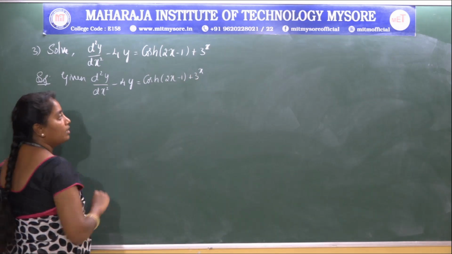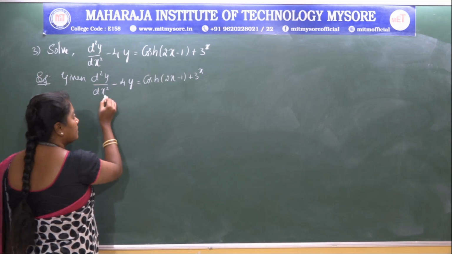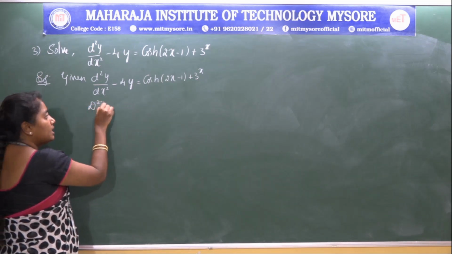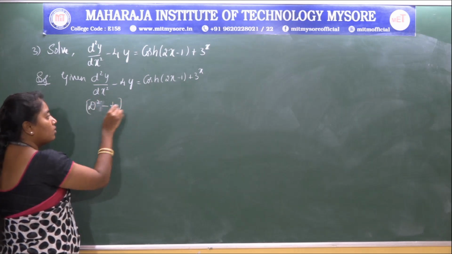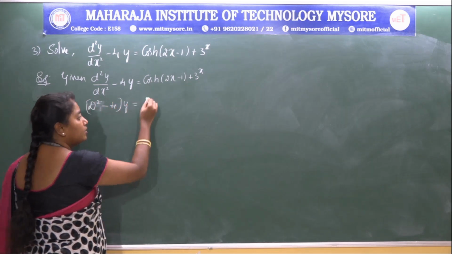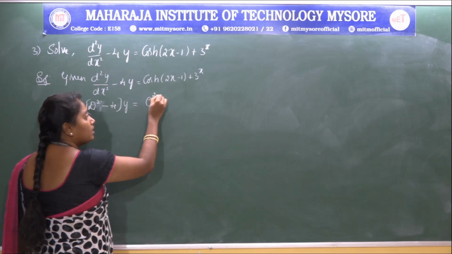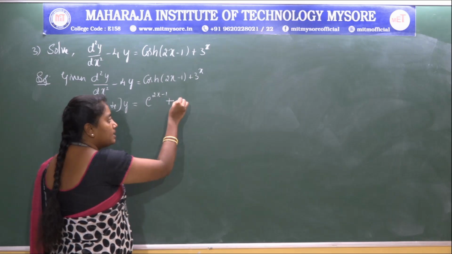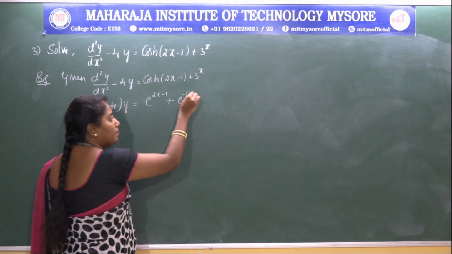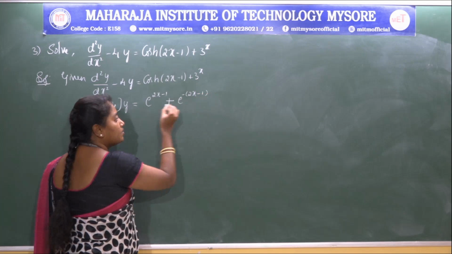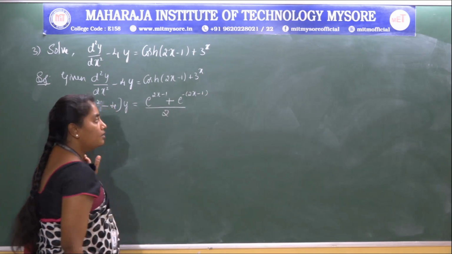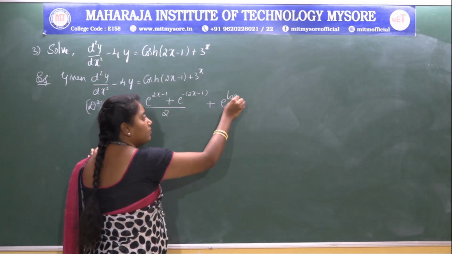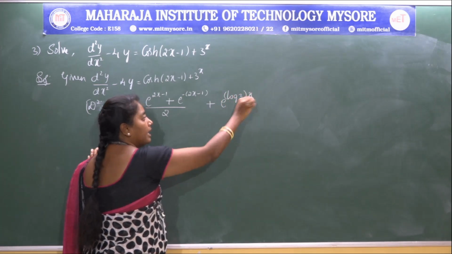This differential operator element is D square minus 4 of y is equal to e to the power of 2x minus 1 plus e to the power of minus 2x minus 1 whole divided by 2, and the second term can be written as e to the power of log 3 of x.